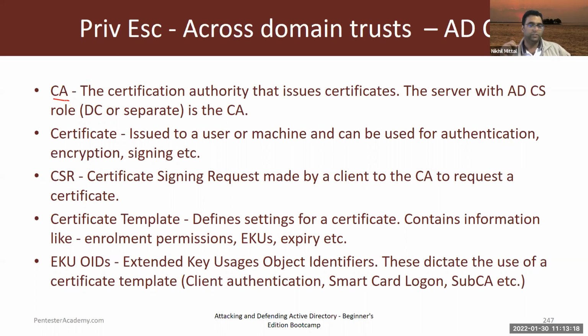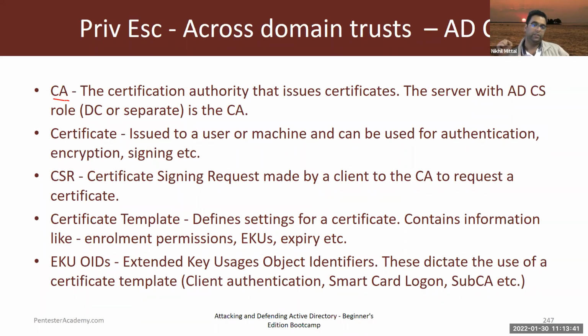A CA issues certificates. So what is a certificate? This is the piece of identification that is issued to a user or a machine, and then that user or machine can use it for authentication, encryption, signing, etc. It is the verifiable digital identity of that user or machine.